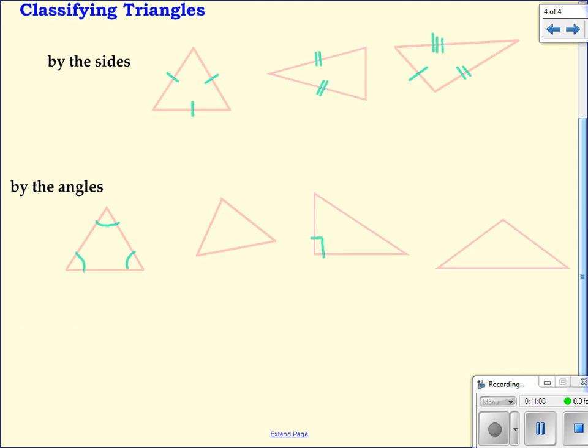What is this one called? Yep. What about the next one? Is it like isosceles? Mm-hmm. Isosceles.